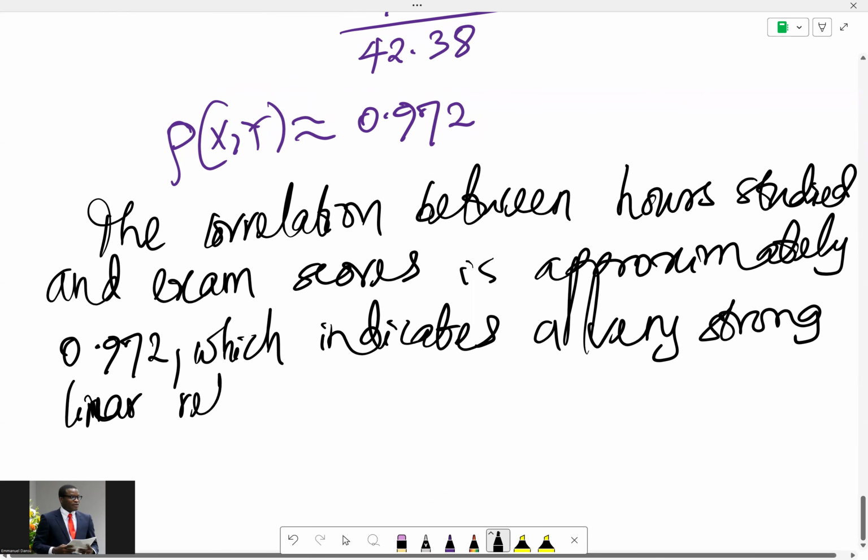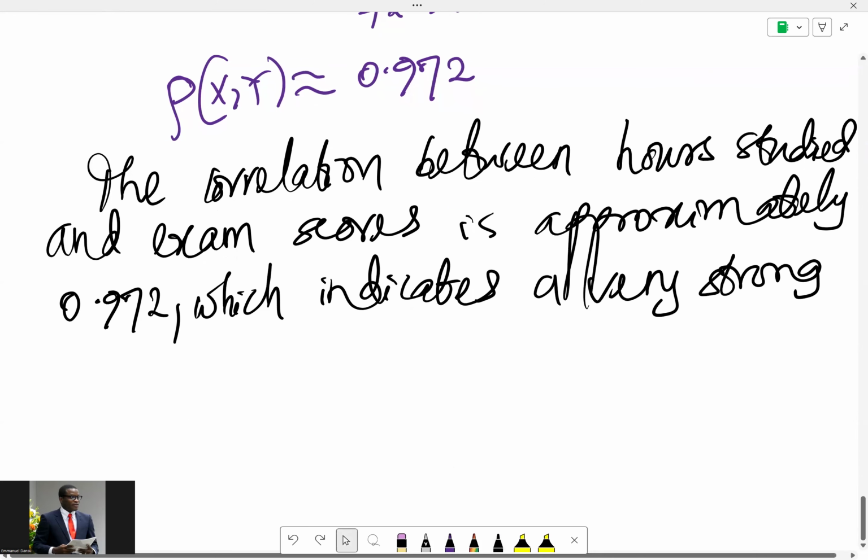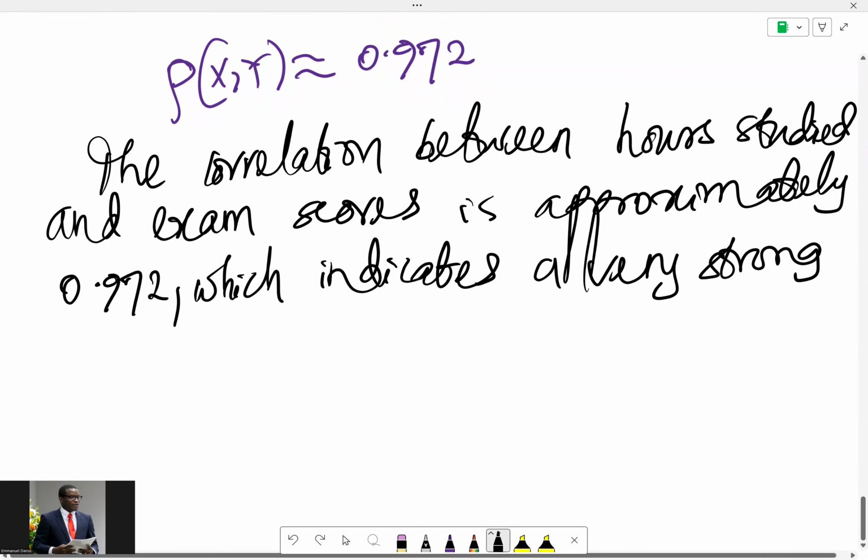So you can see that value is very close to +1. It's almost perfect, in fact. So it's a very strong positive linear relationship.